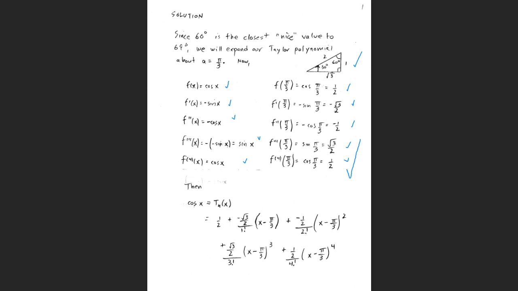A Maclaurin polynomial is a special case of a Taylor polynomial when A equals 0, but here A equals pi over 3. So I just follow the Taylor polynomial formula and construct the polynomial. You're welcome, Ange.